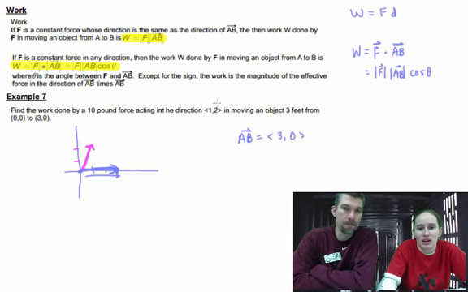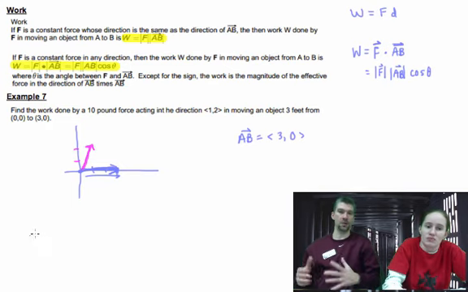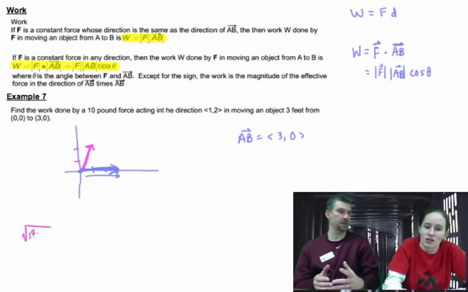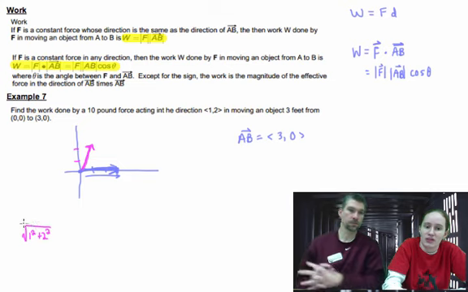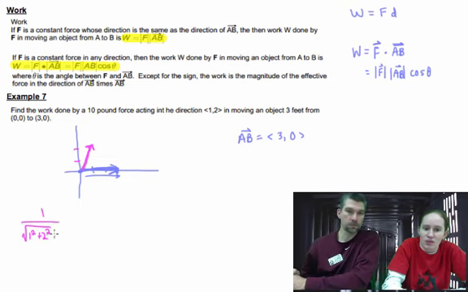Okay, so we need to find the unit vector in the direction of 1, 2. That means we divide the vector by its magnitude. Its magnitude is 1 squared plus 2 squared, which is the square root of 5. So it would be 1 over root 5 and 2 over root 5.